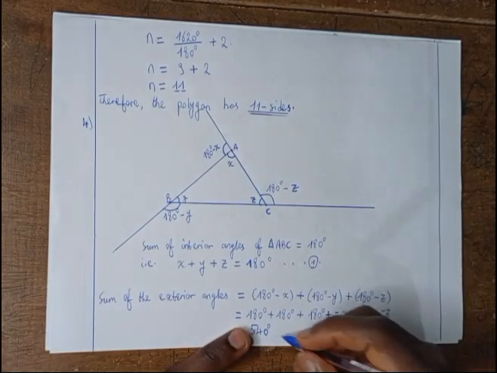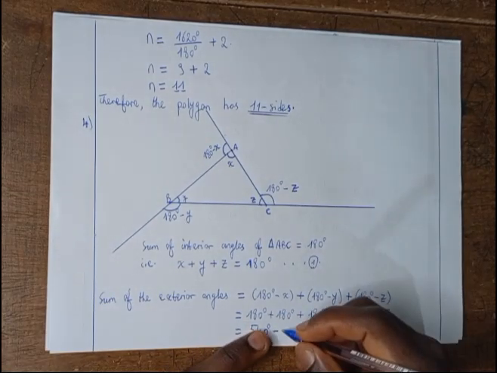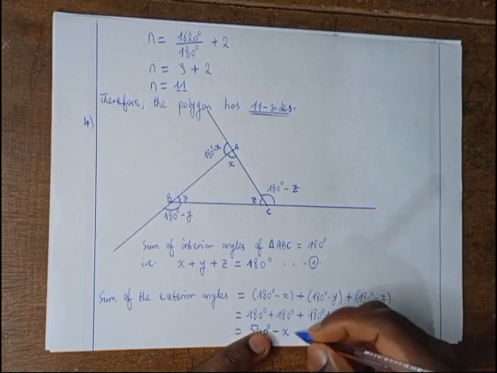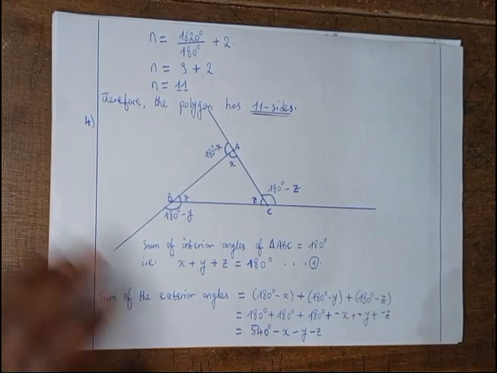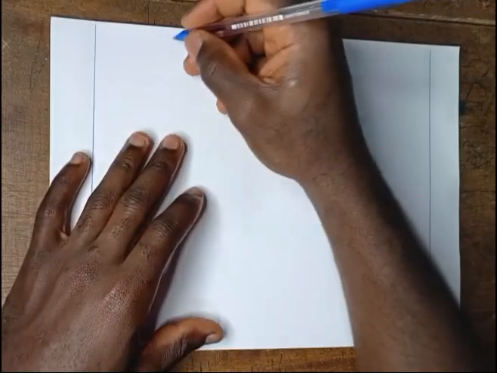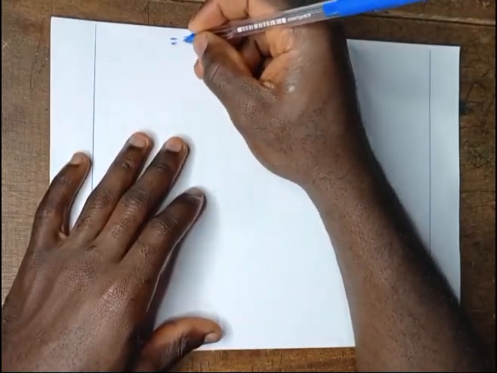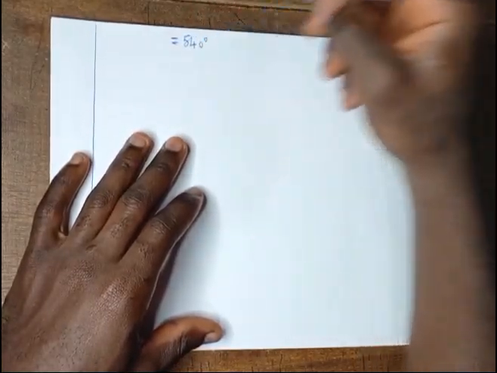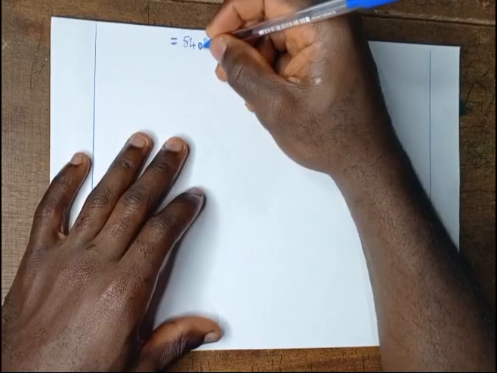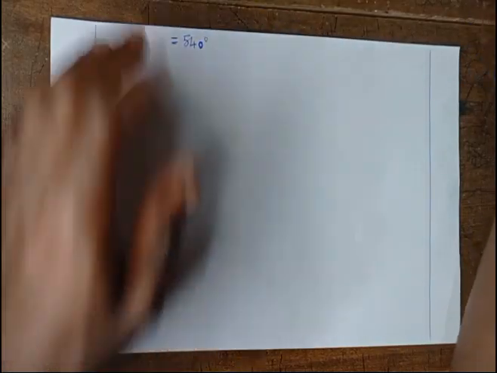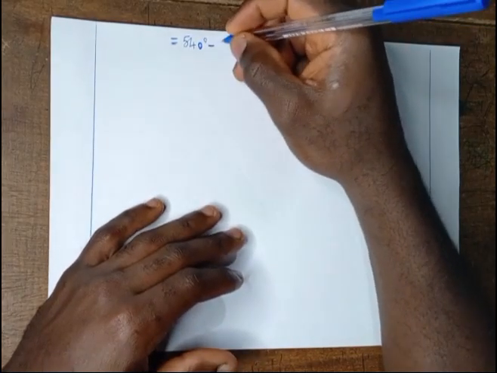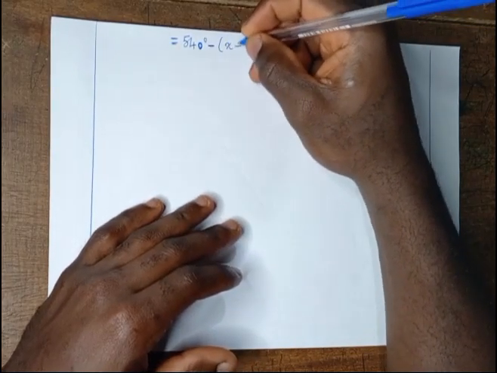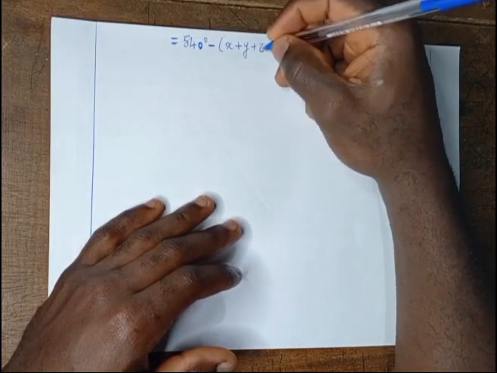Negative will stay. This will give us negative x, negative y, negative z. This will simply be equal to 540 degrees minus x minus y minus z. We can factor out negative 1, and we'll be left with x plus y plus z.